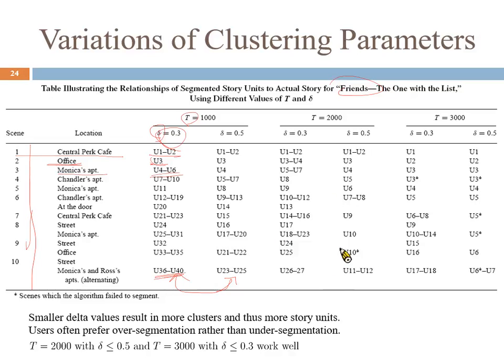From this result, we can see that maybe this feature combination is good, and this will also be nice. So finally we see that when t is set as 2000 and the delta is less than 0.5, or t set as 3000 and the delta less than 0.3, that would be working very well.